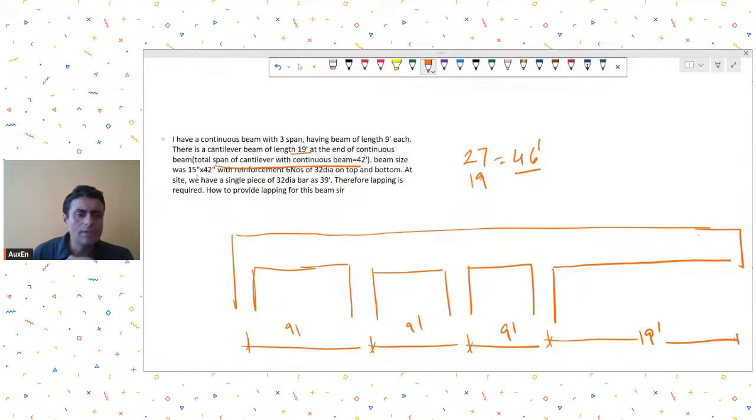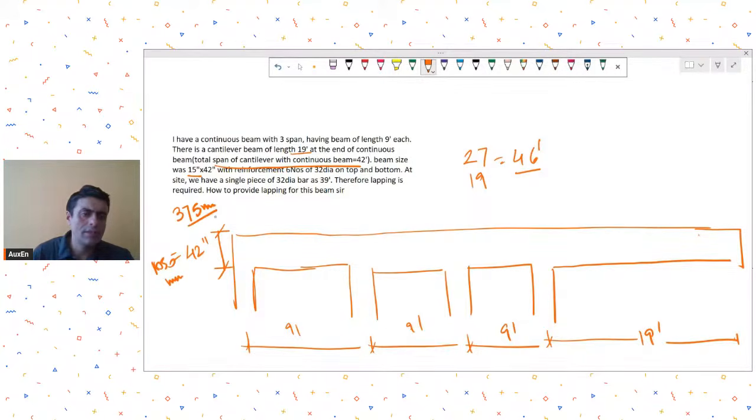Anyway, beam size is 15 inches by 42 inches. 42 inches will be how much? 12 into 4, 4 feet is 48, so 42 inches in mm will be 900 plus 150, 1050 mm, and 15 inches will be 375 mm.